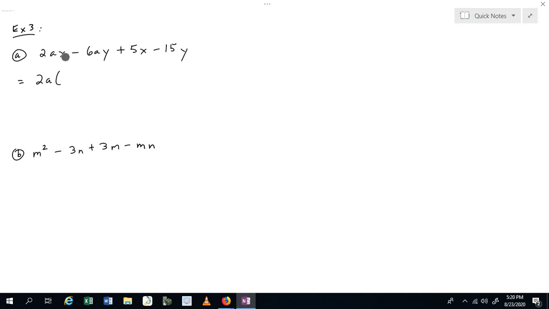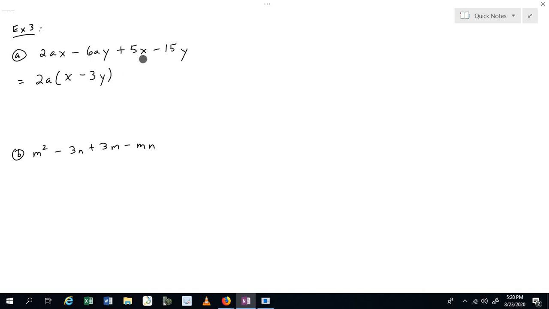When you pull the 2a out, you're left with x here, and then here you're left with minus 3y. You can check that by distributing. So 2ax would give you this term, and then 2a times 3y would give you negative 6ay. So that looks like it's correct.